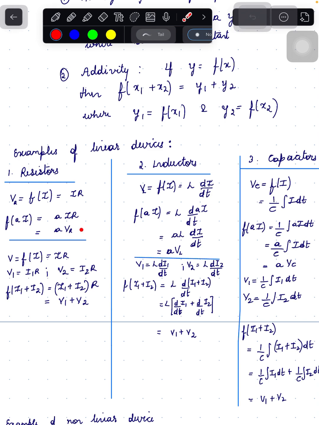Hence homogeneity is passed. Similarly, additivity is also passed by resistors. Inductors pass the homogeneity and additivity rule. Capacitors also pass the homogeneity and the additivity rule.